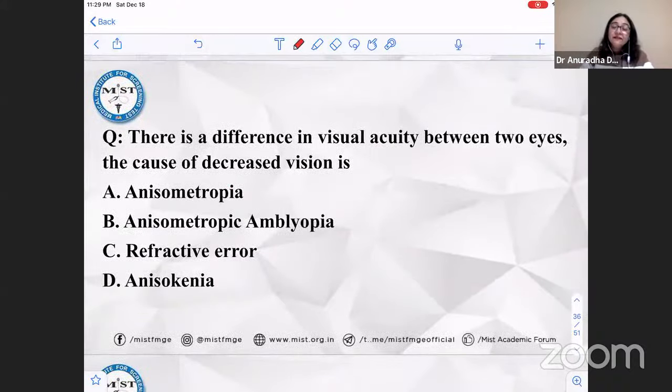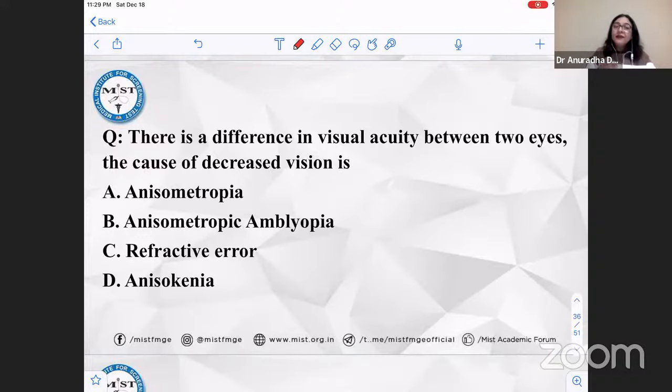There is a difference in the visual acuity between the two eyes. What is the cause of decreased vision? Again, a very good question. First of all, we have to understand what that condition is known as. A difference in the visual acuity is known as anisometropia. Okay.